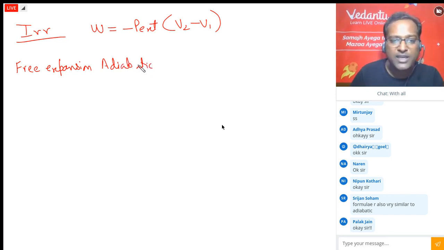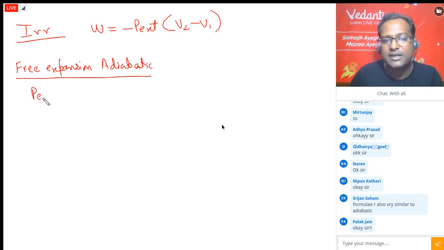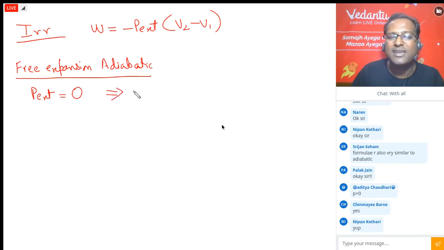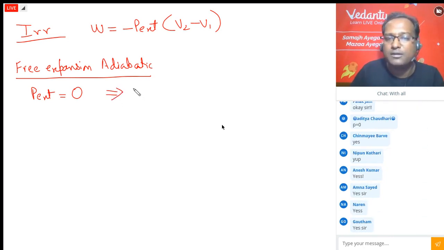Now, what does free expansion mean? Free expansion means that external pressure is zero. You are opening up a gas cylinder. You are opening up a cylinder in vacuum. Can I say that no work will be performed because there is no external pressure? There is no external force against which I will have to perform work. So work done comes out to be zero.